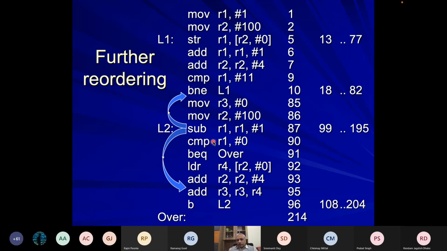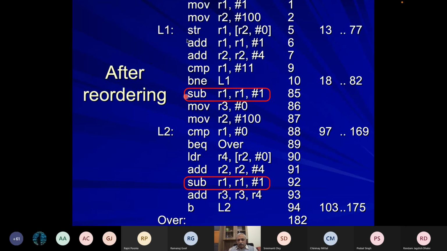So what will happen for the first time? For the first time, we will do subtraction before entering the loop. So with this, we have moved a copy of subtraction here and a copy of subtraction there.